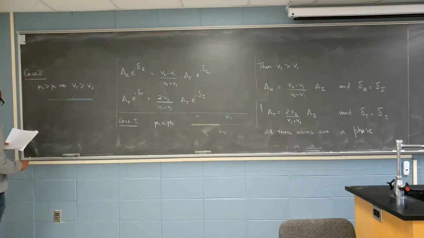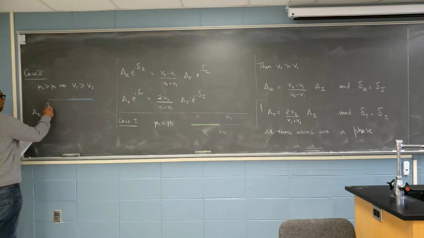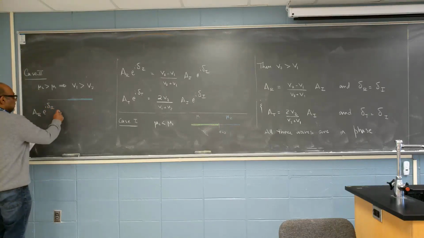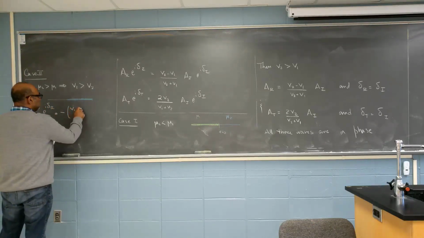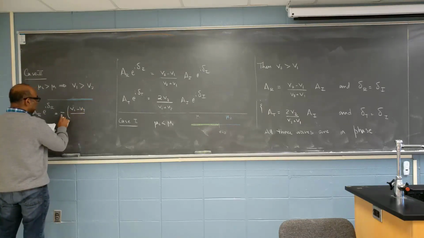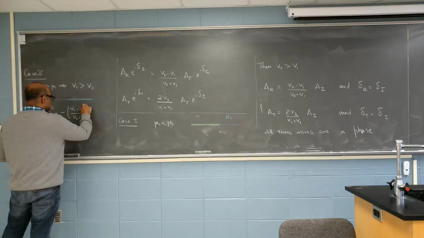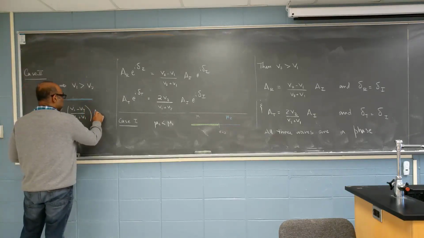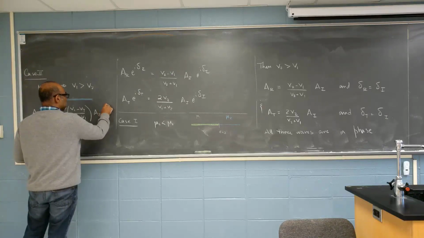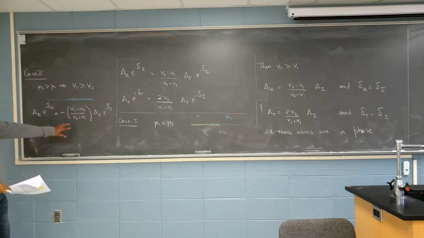I want AR e to the i delta R equals minus, I'm changing the order, V2 minus V1, I'm going to write it as minus of (V1 minus V2), because this is positive.